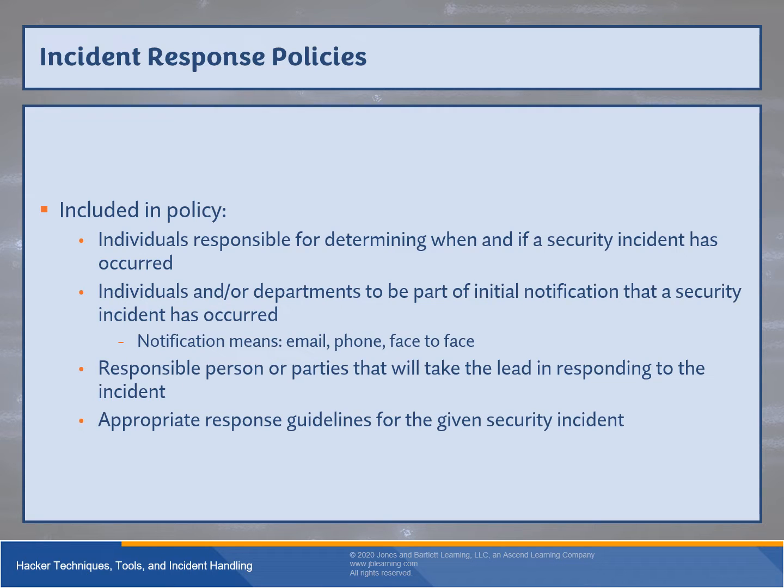Depending on what agencies we liaise with, that could be a very multi-tiered process. We need to be aware of who's going to take the lead in responding to the incident. We need to know what the appropriate guidelines are for response, what is considered a good response versus a less than desirable result.